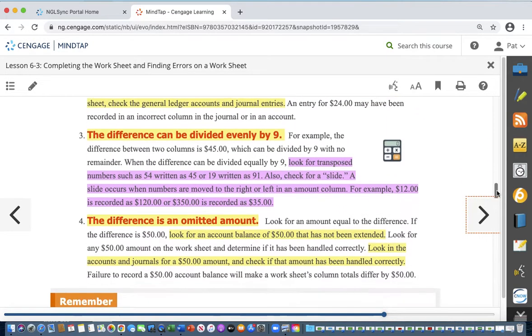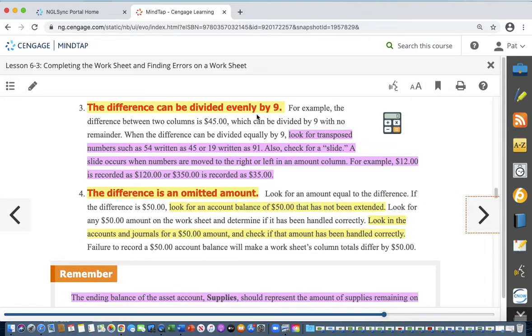If something's divisible by 9, that means it could have been transposed or it could have been a slide. Now here's another thing. It also could be, instead of $45, it was $22.50, right? In money, you can divide. But what is transposed?